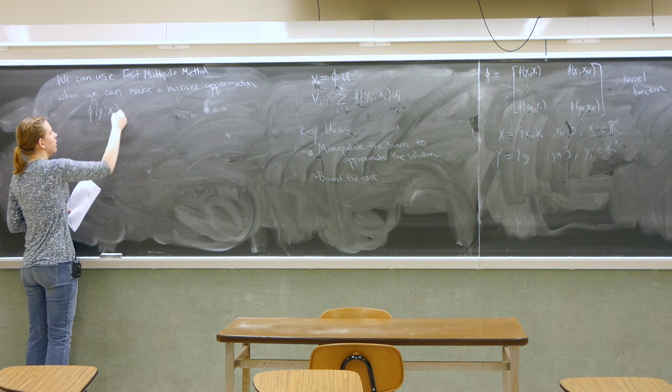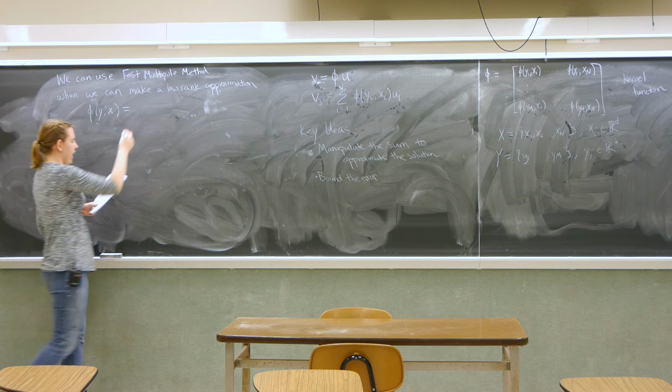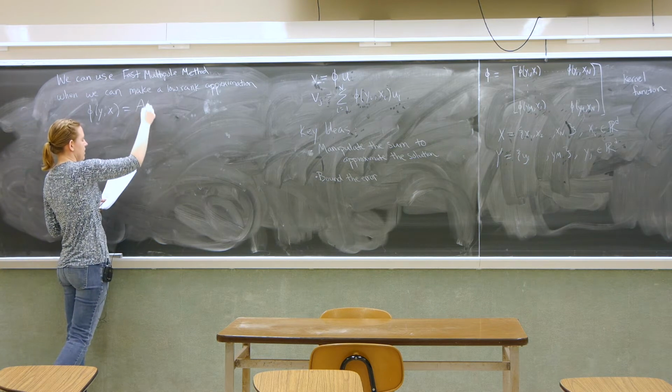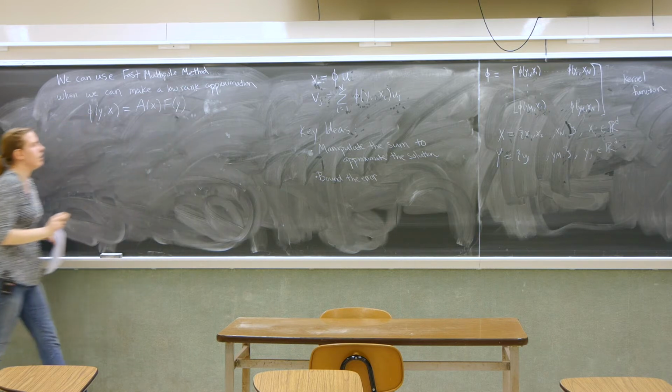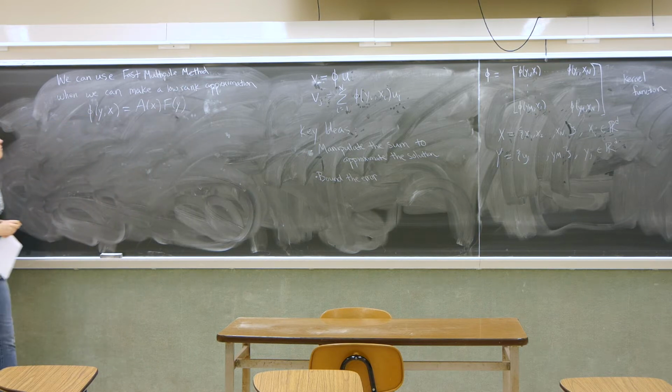So phi we can write as a times f. And it's either an exact low rank factorization or just an approximation.